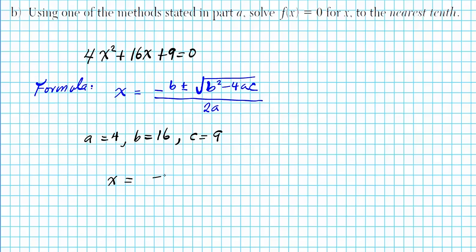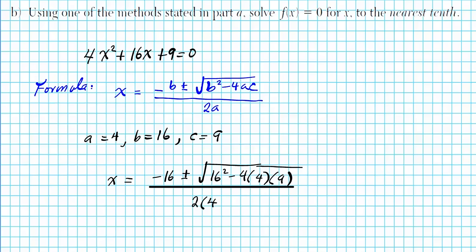So we have negative 16 plus or minus the square root of 16 squared minus 4 times 4 times 9, and this entire expression divided by 2a. Now, one mistake students make is they divide only the radical piece by 2a. That's incorrect. You divide the entire expression on top by 2a.